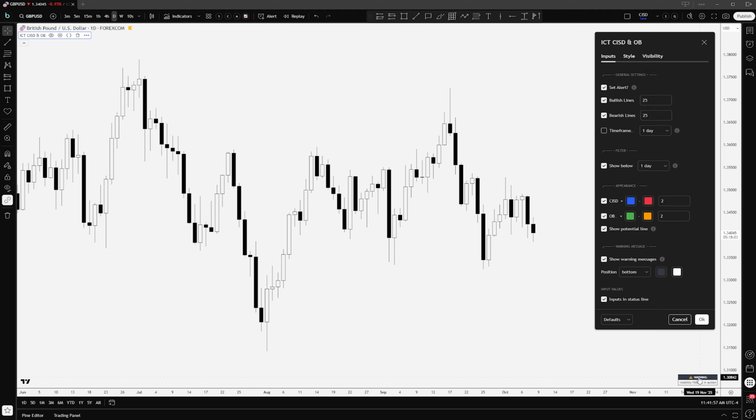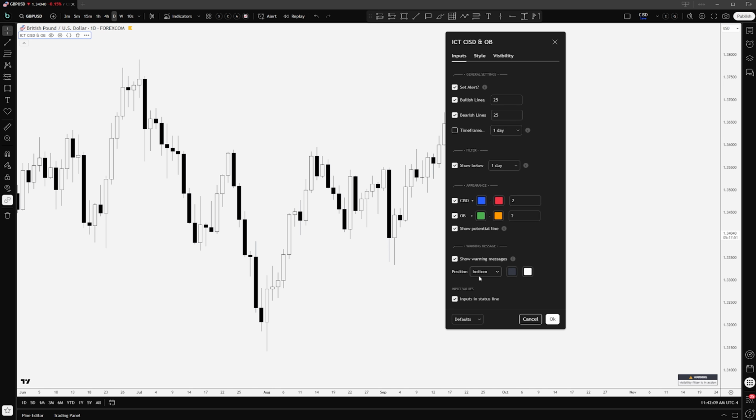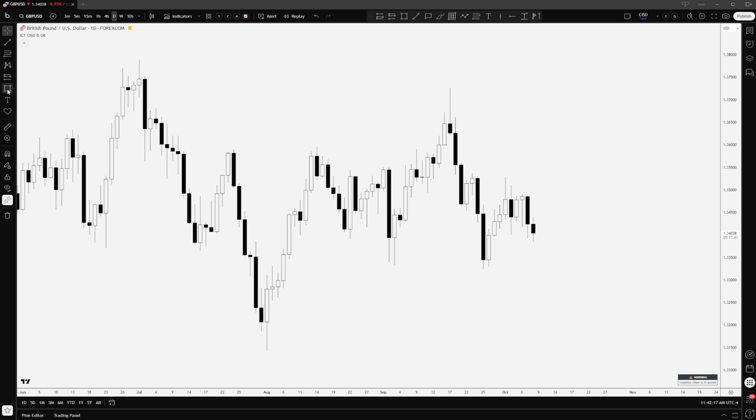Basically, this pop-up message, if you already know what you're doing and why you're having those messages, you can hide that. You don't need to see it, just to keep your chart clean, and you can change the position if you want it in a different corner. You can change the colors if you're someone who has, let's say, a dark background.